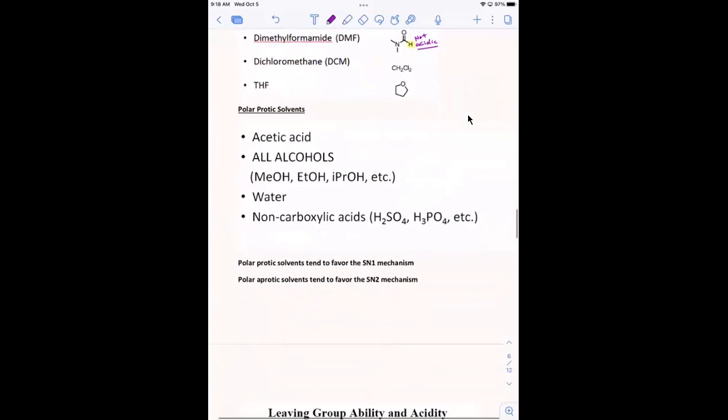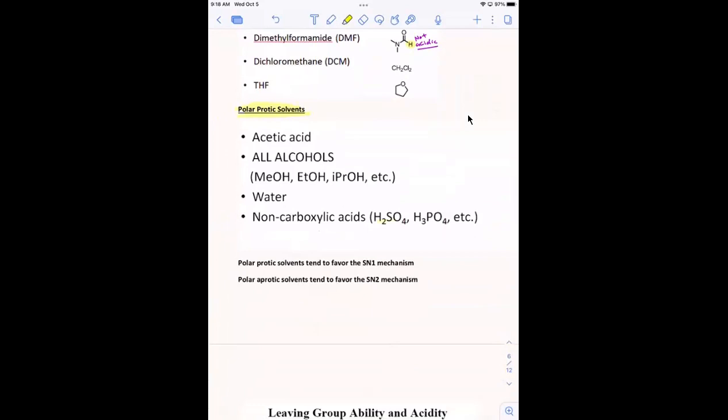If you look here, under protic solvents, it gives you a list of protic solvents. All of this is in the handout. Acetic acid, any type of acid, is going to be a protic solvent. Alcohols are all protic. Water is a protic solvent. Carboxylic acids are protic solvents.